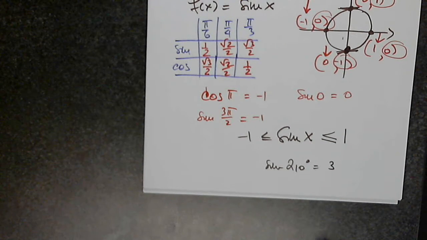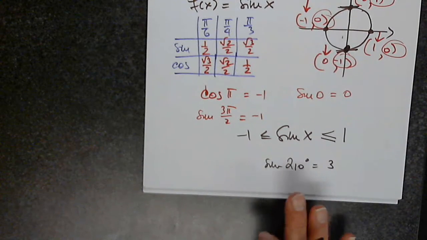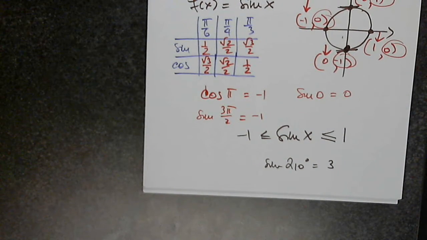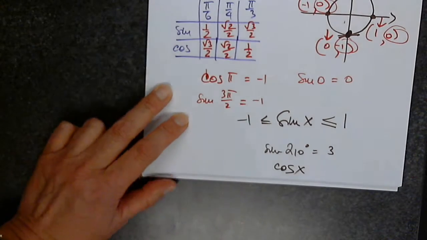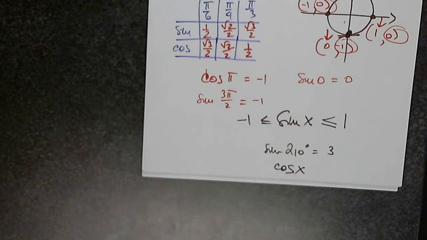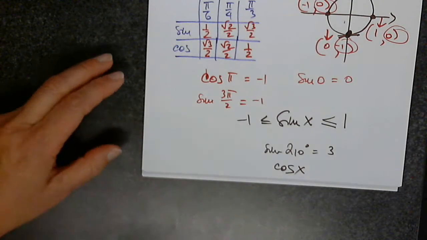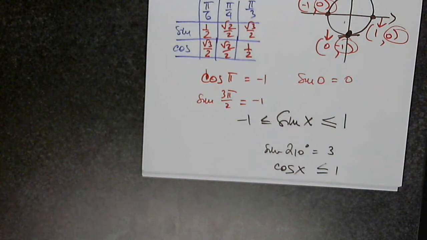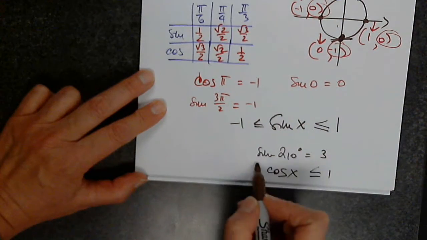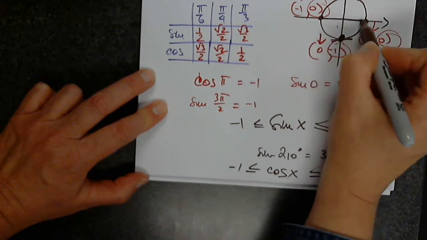Right? I cannot see sine of blah being 3. Sine of blah can be maximum and can be minimum. Excellent. What can you say about cosine now? What is the maximum possible value that you can ever find for any angle cosine? What is the minimum possible value for any cosine? Right, because it's measured here.